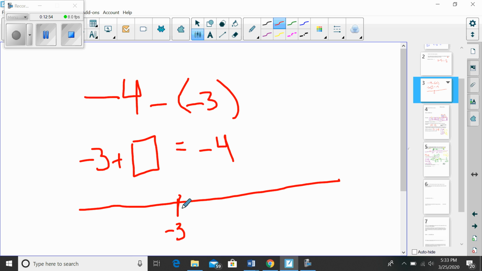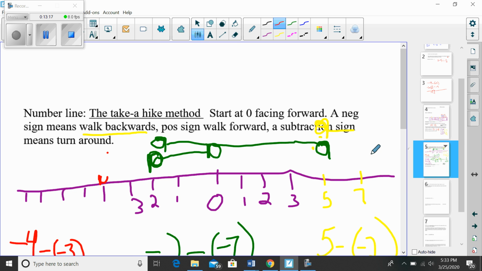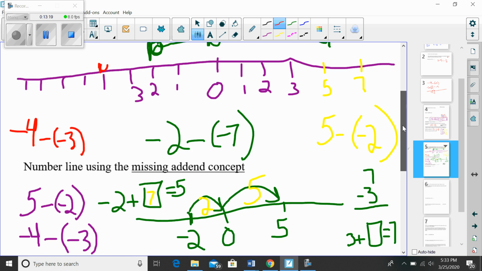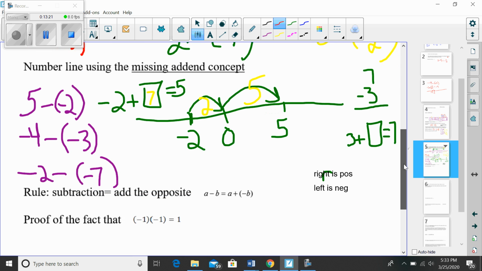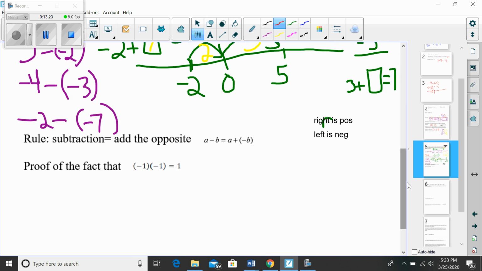If I want to get to -4, there's only a difference of 1, and I've gone 1 in this direction, to the left. That shows me that I need a -1, because I've gone left. So you go ahead and try the last one on your own, -2 minus 7.